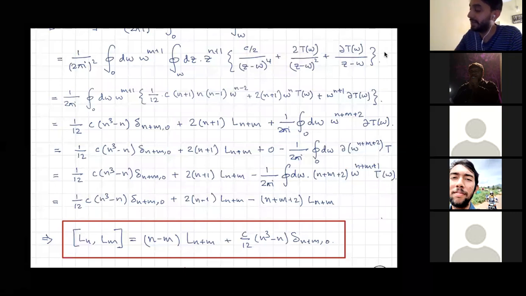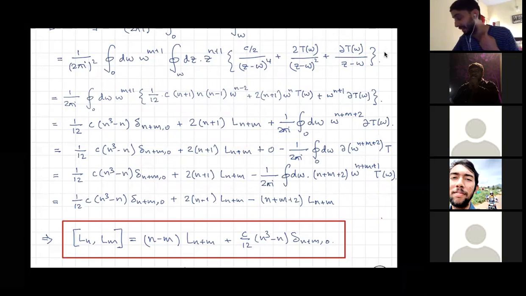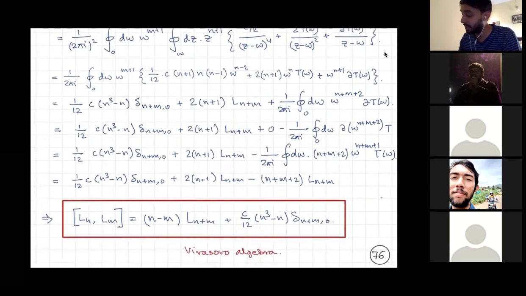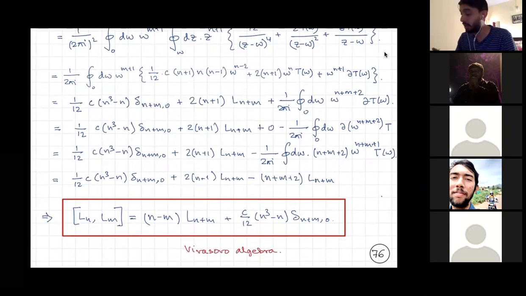So the fact that T, the stress energy tensor in 2 dimensions, is not a primary field gives you a central term, a central extension in your L algebra. So this is the Virasoro algebra. This is one with the L's. There's an exactly identical one with the L bars, and the commutator of L with L bar is equal to 0.